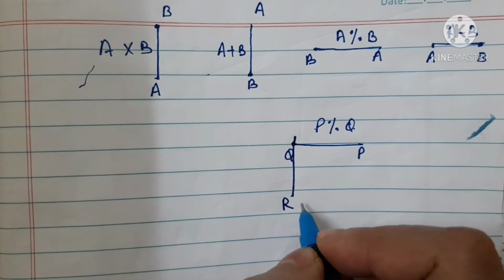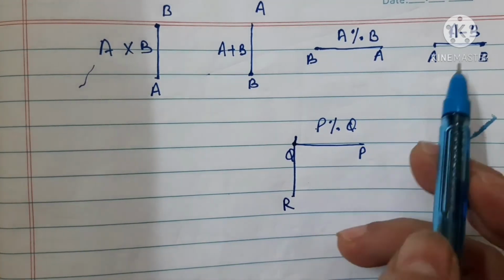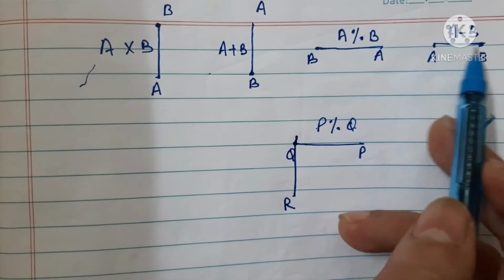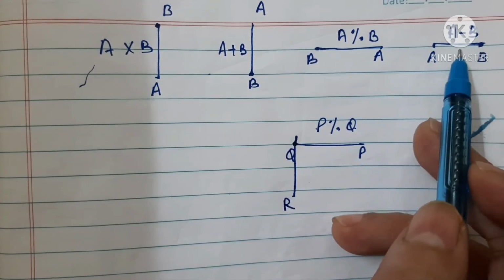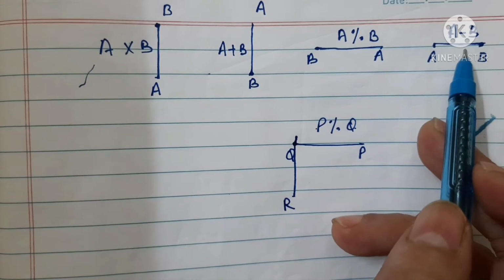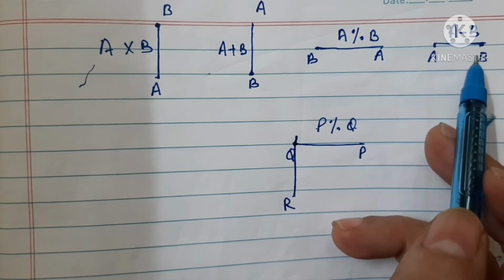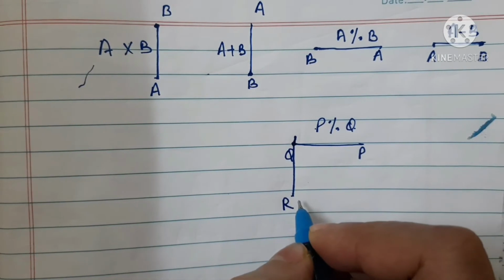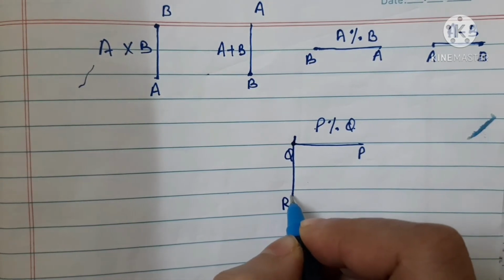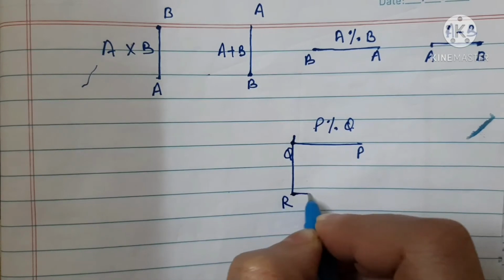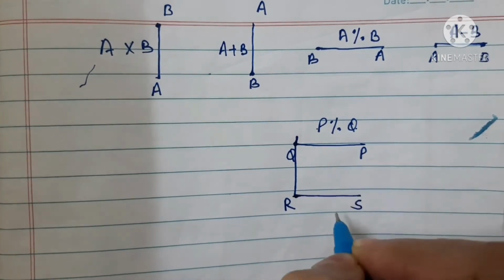And then R minus S. R minus S you can see it is like this. So R minus S means that R is to the west of S. R is to the west of S.